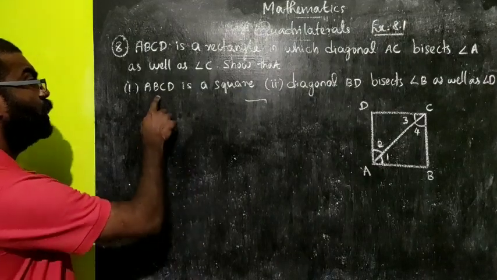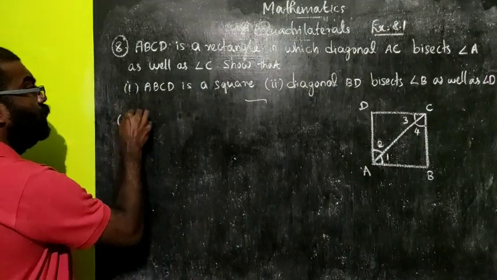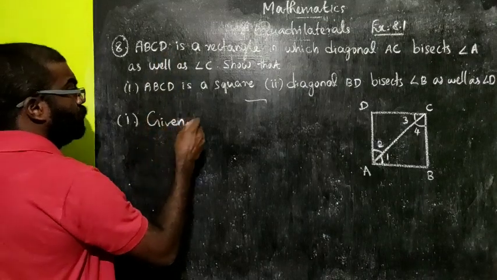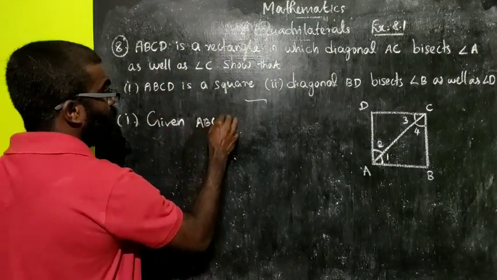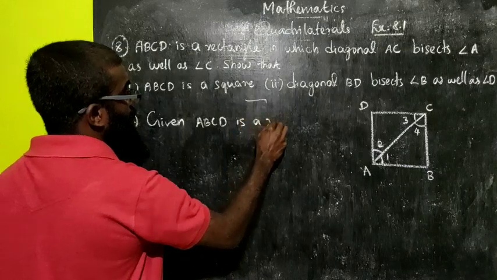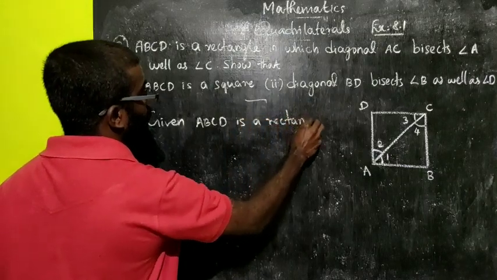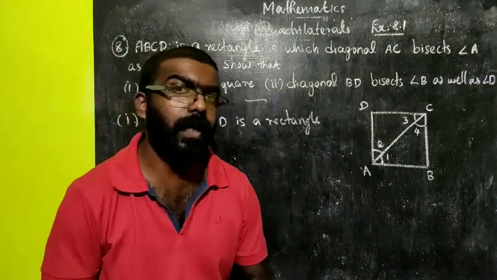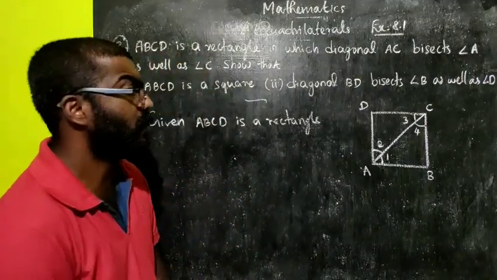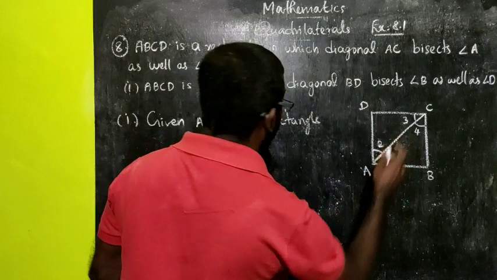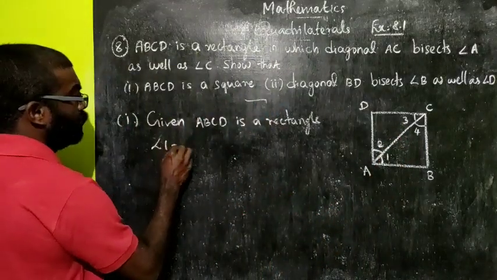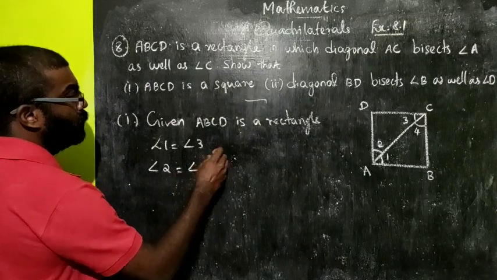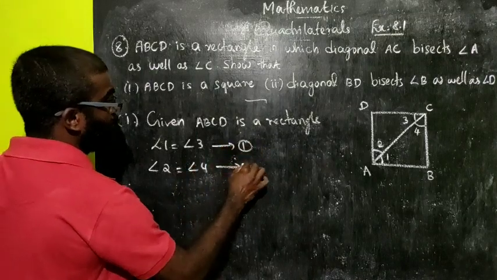First of all, we can consider the first part. Given ABCD is a rectangle, so as in the previous questions, here also we can find pair of alternate interior angles. Angle 1 equal to angle 3 and angle 2 equal to angle 4. Equation 1, equation 2.